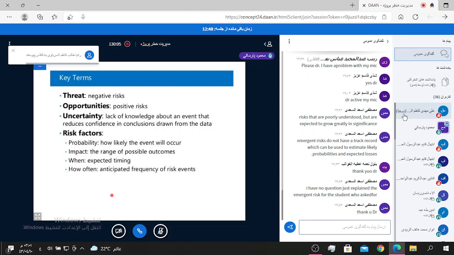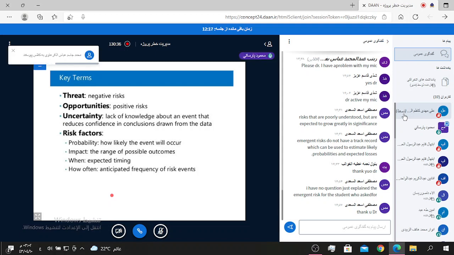And about risk factors, or items of risk: the probability of occurring of that risk or that event, how likely the event will occur, is expressed using percents or percentage.